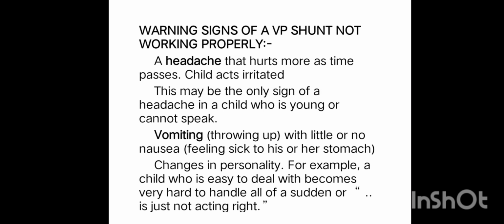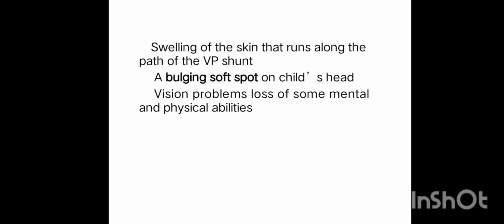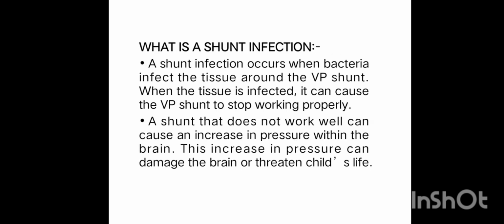Changes in personality, for example, a child who is easy to deal with becomes very hard to handle all of a sudden, or is just not acting right. Swelling of the skin that runs along the path of the VP shunt, a bulging soft spot on the child's head, vision problems, loss of some mental and physical abilities. So these all are some of the warning signs of the VP shunt if it is not working.